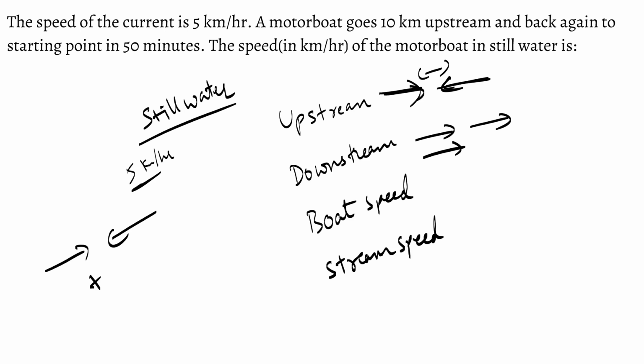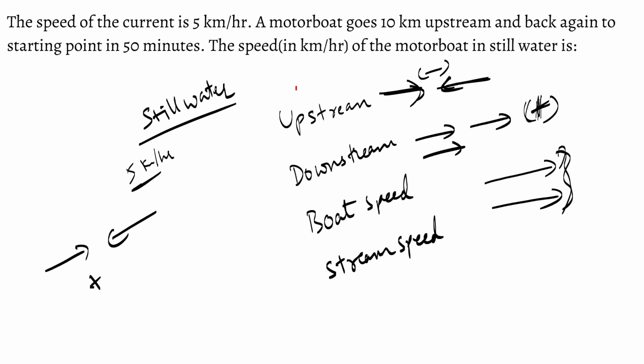So because of that, we have to subtract. And in downstream, the direction of the stream is in this direction, and the direction of the boat is also in this direction, so the speeds get added. Why? Because the speed of the stream helps the boat to travel more quickly.